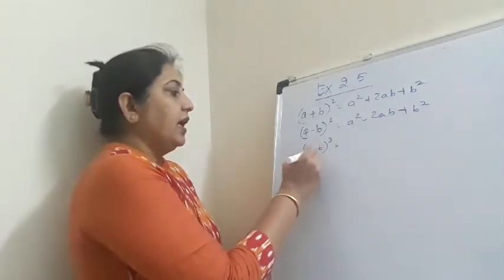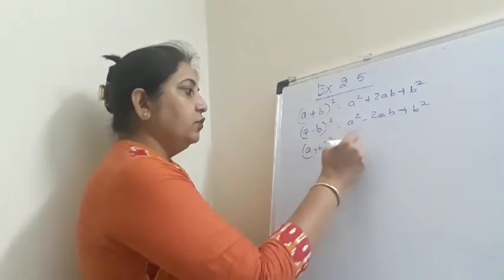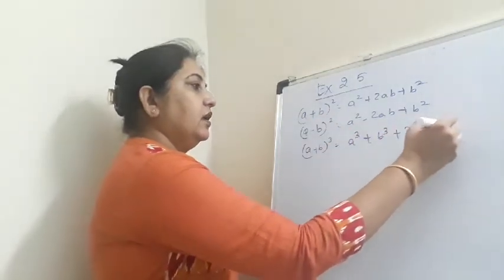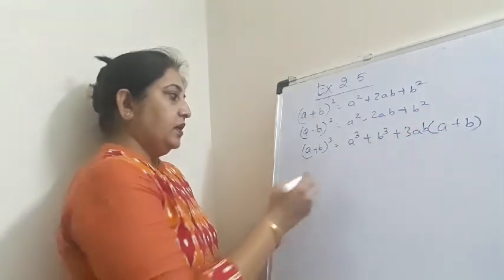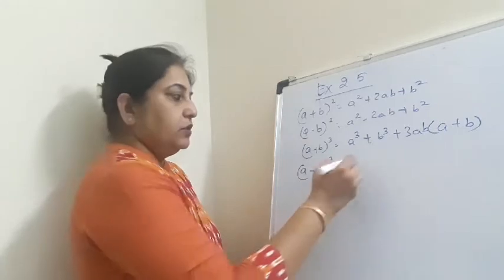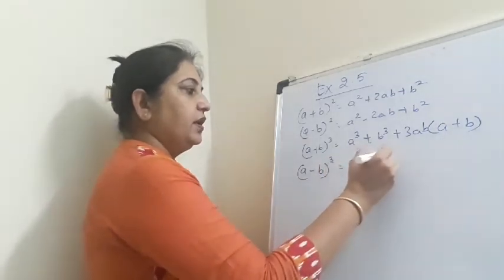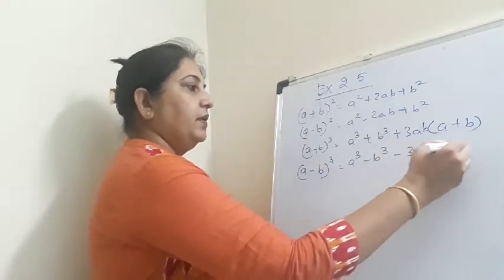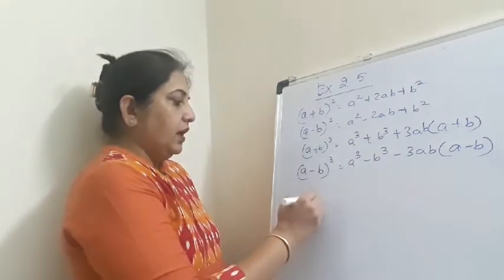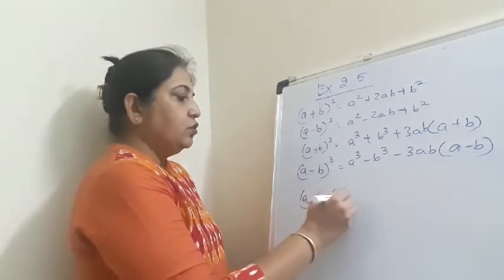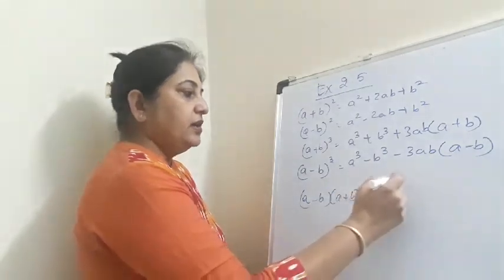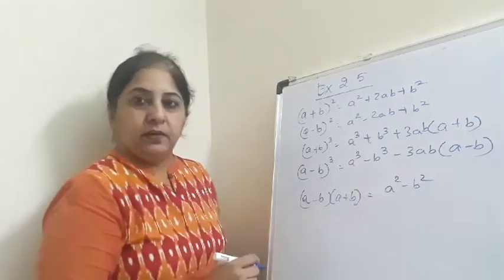So (a + b) the whole cube is equal to a cube plus b cube plus 3ab into (a + b). Then (a - b) the whole cube is equal to a cube minus b cube minus 3ab into (a - b). Then (a - b) into (a + b) is equal to a square minus b square.